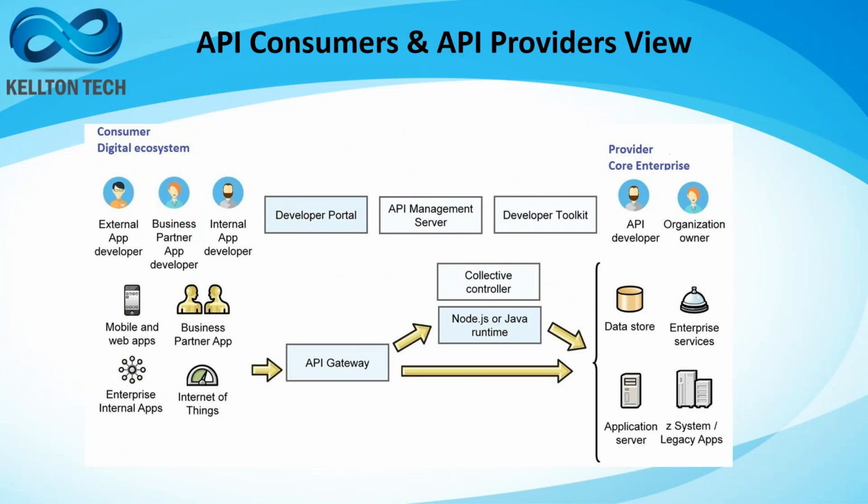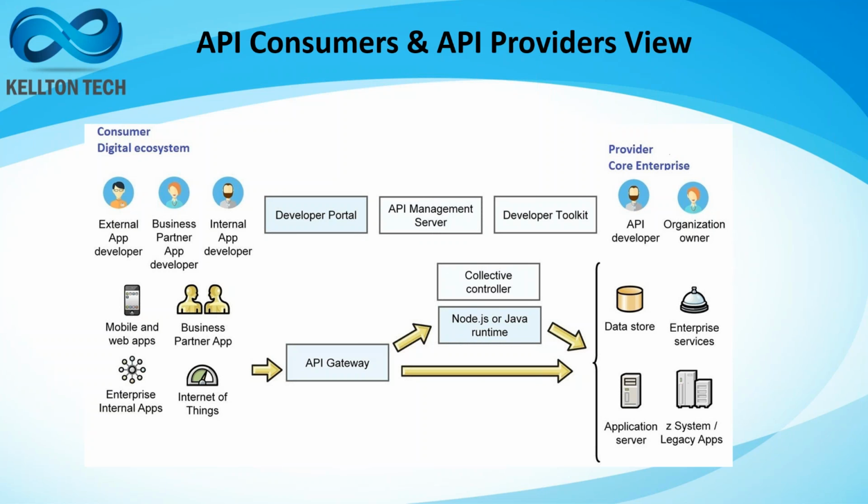This is a brief view of API consumers and API providers in the digital ecosystem, where a wide range of clients like mobile, web applications, and business partner applications are all supported, because each of these applications has different kinds of requirements for security, access, quality of service, and also each will have different data formats.